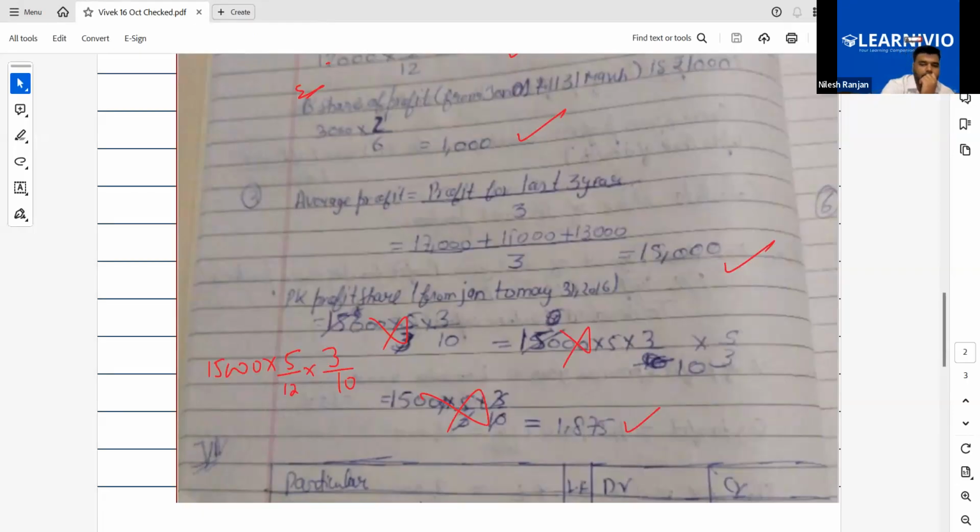I will open the question. Your answer you got, however, I don't know how you got your answer 1875, which is correct. But as per the formula that you have applied here, it will be a different amount. Just a minute.